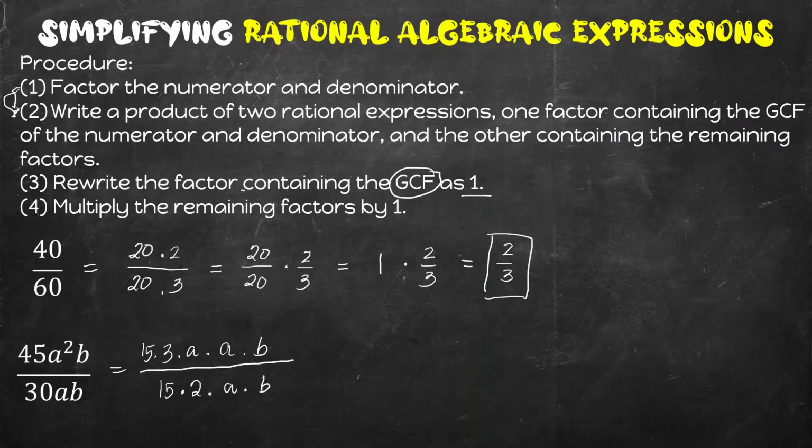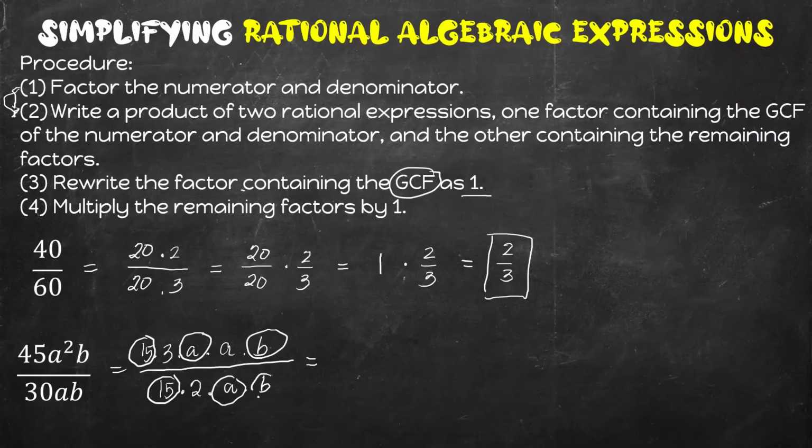So the next step is we are going to write a product of rational expressions. Yung una, containing the GCF of the numerator and denominator. Yung pangalawa naman, yung remaining factors. So yung GCF natin, hanapin natin lahat ng magkakamukha. So 15, ano pa? A, ano pa?